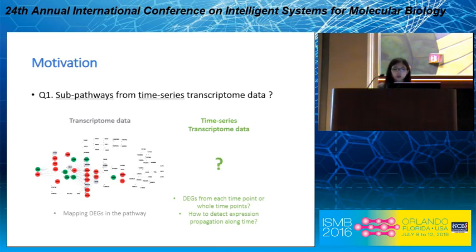And as you can see in this diagram, you know the direction of edges. So you have to find the agreement between this pathway information and the actual expression propagation along time.